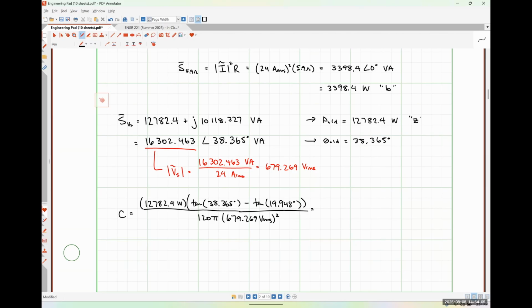So I just save that as Z. I just saved that as T. And let me double check. Yep, I saved that as Y. So I'm going to have Z multiplied by tangent of X minus tangent Y all over 120 pi times T squared.